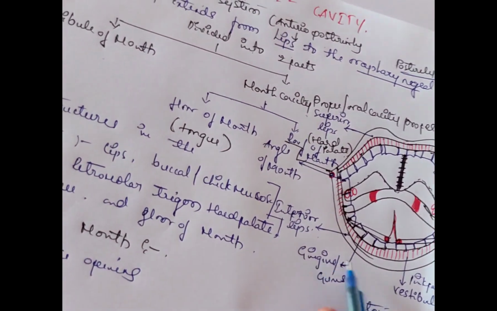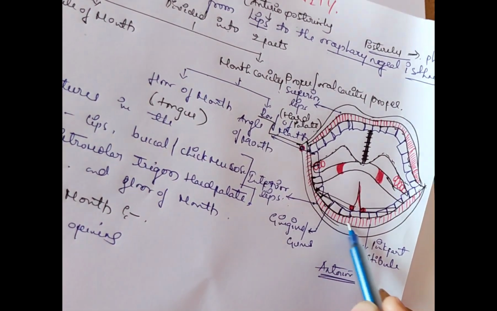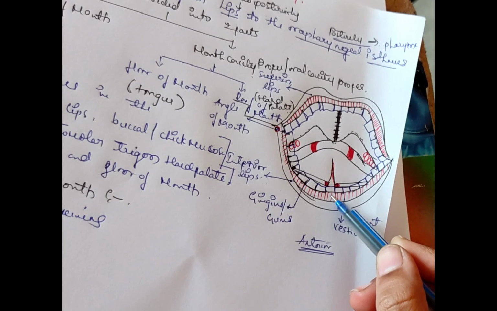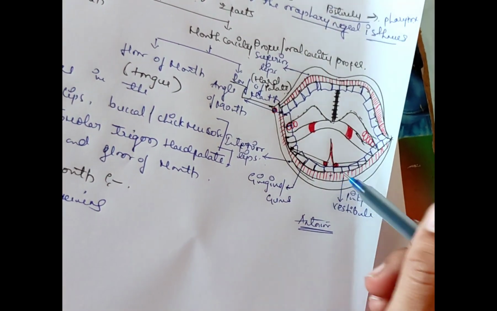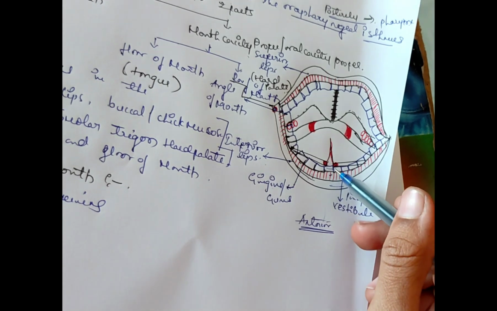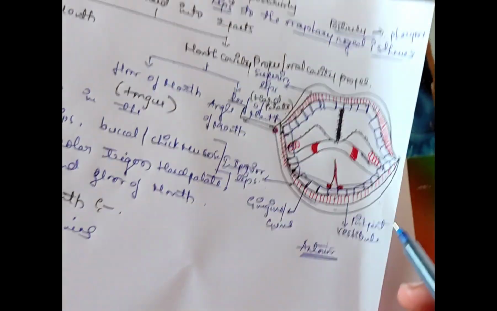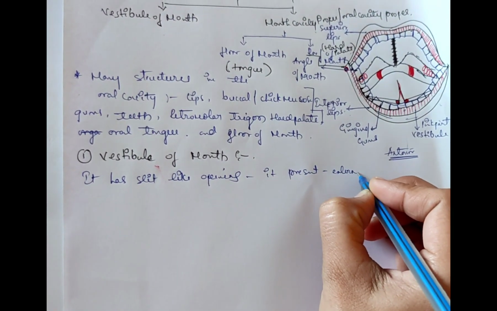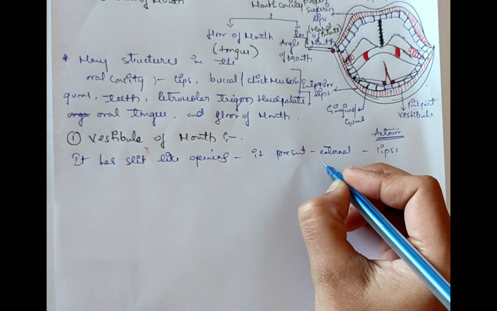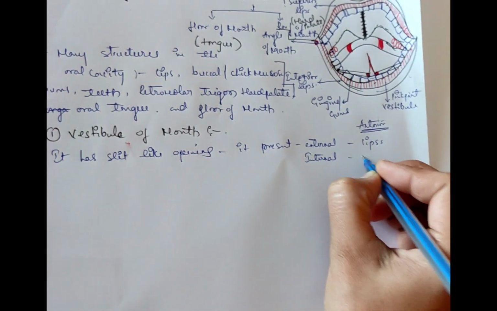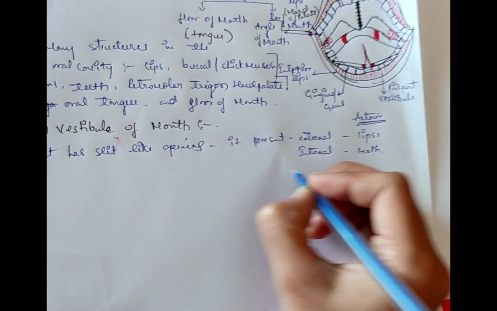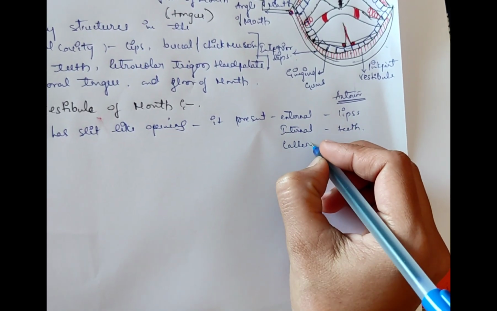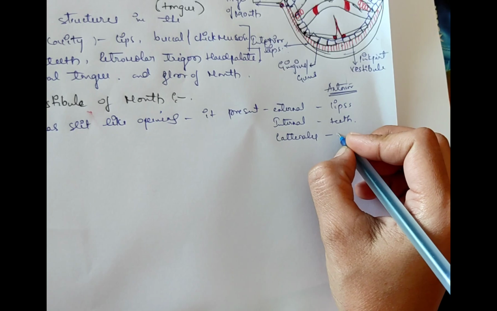Here in the diagram you can see the pink marked part is the vestibule. It is covered externally by the lips, internally by the teeth or gums, and laterally by the cheeks.